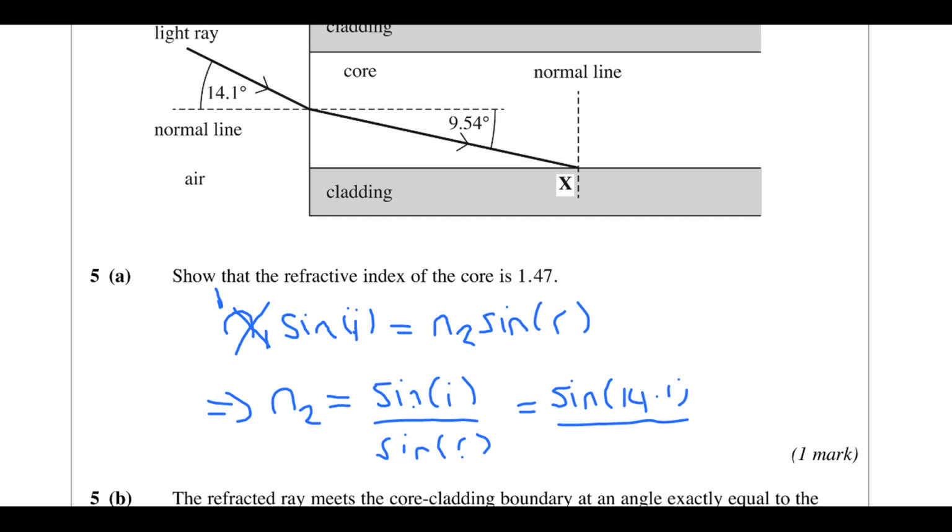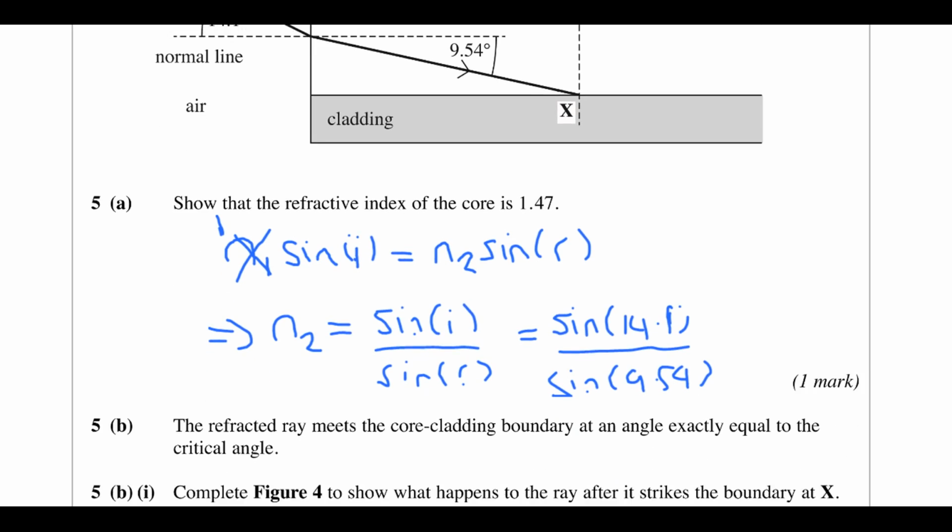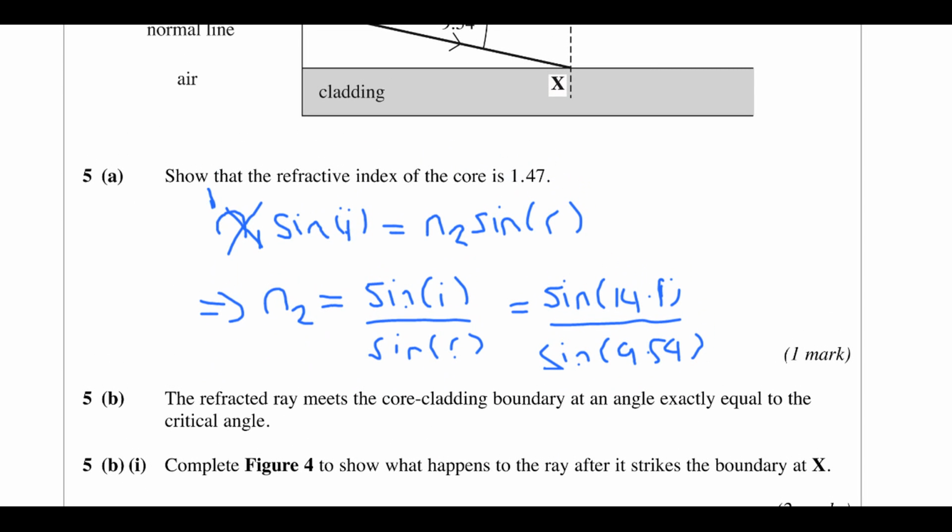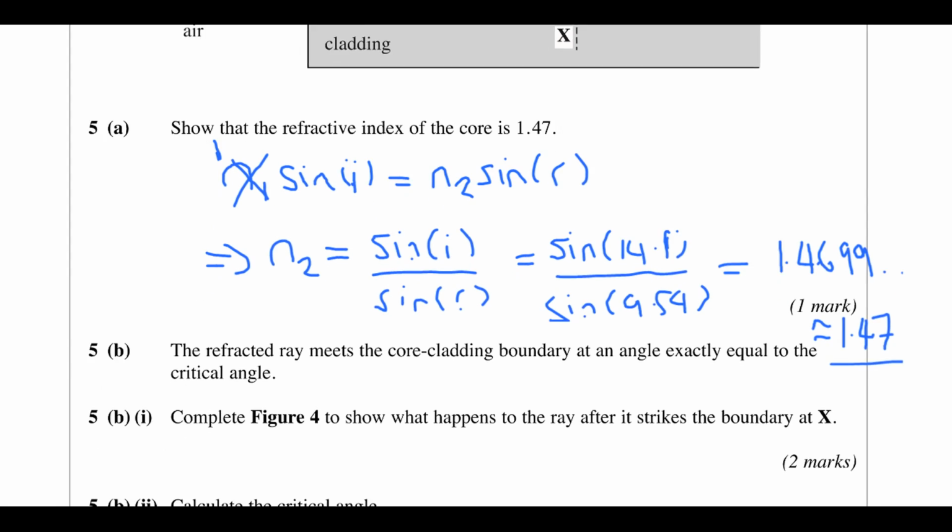Angle of refraction, sine of 9.54. And that's going to give us a final value. When we plug that in, do the calculation, it's going to come out as 1.4699. I wouldn't normally show all these figures, but we are doing a show that question, so I'm going to show it all unrounded, and then we see that that's 1.47 to 3 sig figs, which is appropriate as the data was all 3 sig figs.